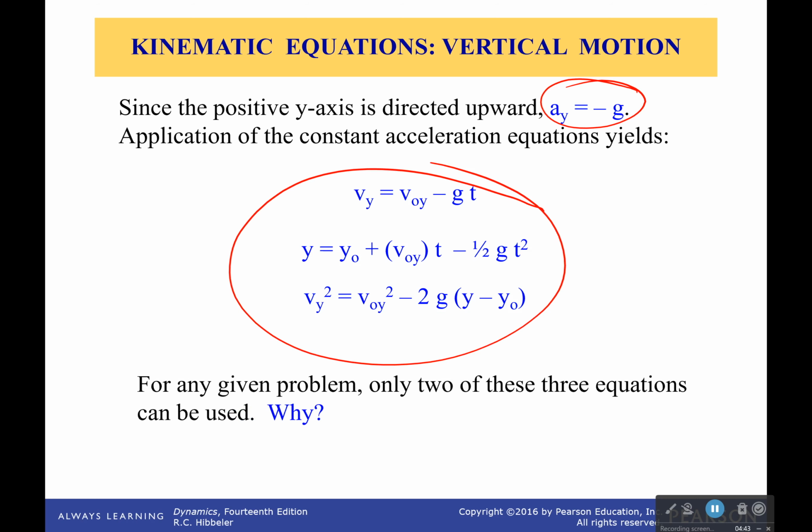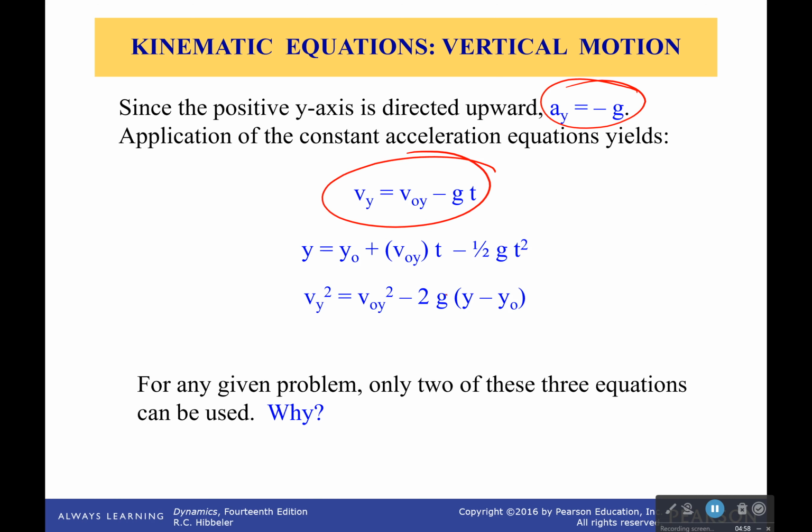Now it says for any given problem, only 2 of these 3 equations can be used. So why do you think this is? Well, you might have figured it out from our previous example where this equation and this equation were the same. These equations aren't perfectly independent.